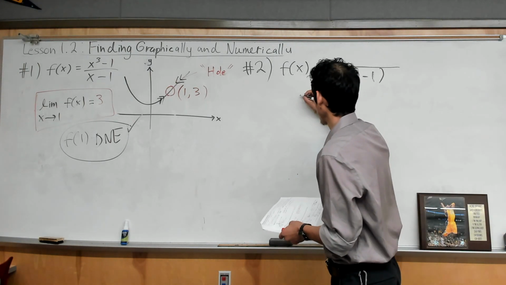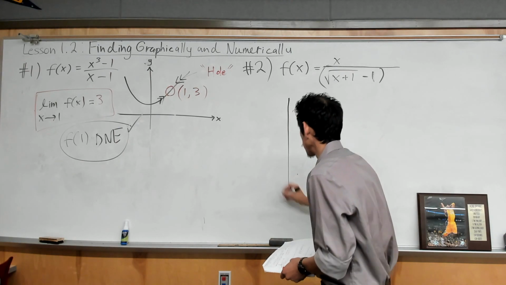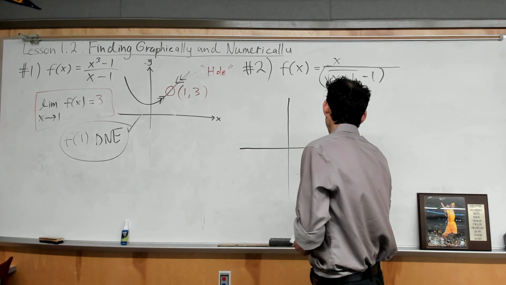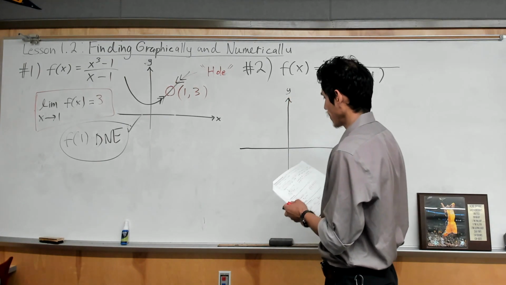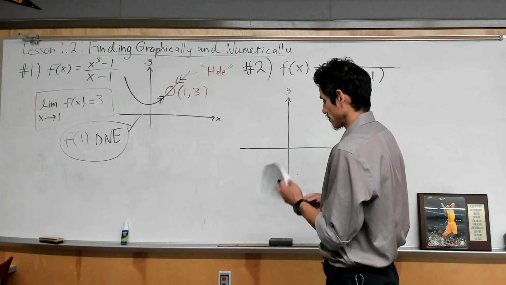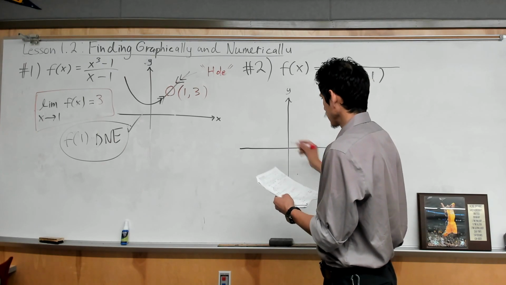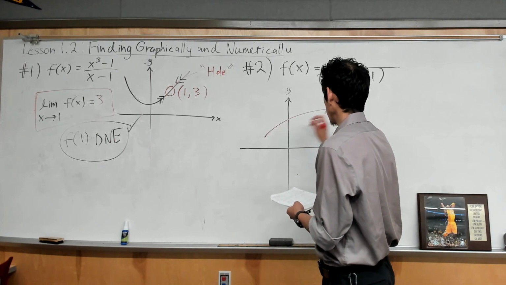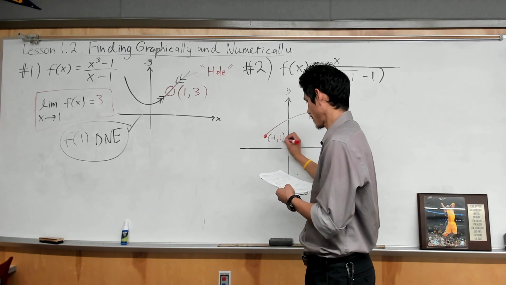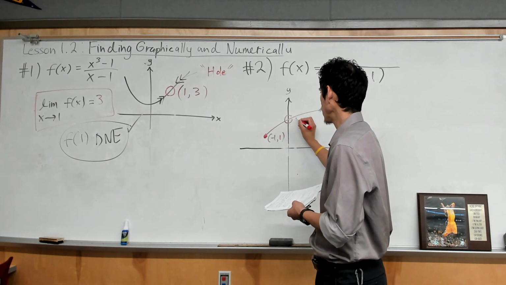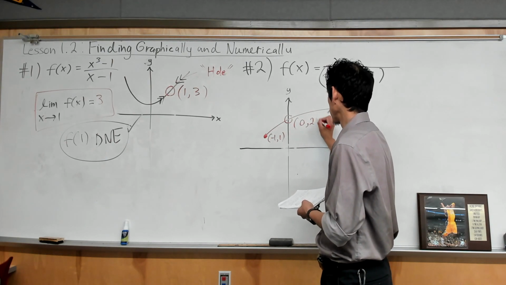So this graph will look like this, somewhat of a square root behavior. Let me just use red actually. So veering off like this, starting from -1, 1. And we have a hole at 0, 2.